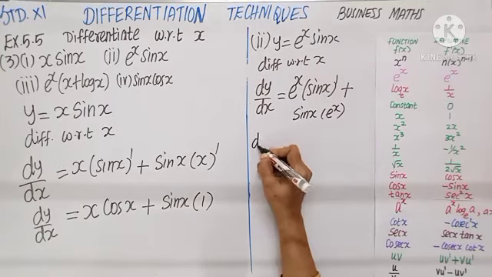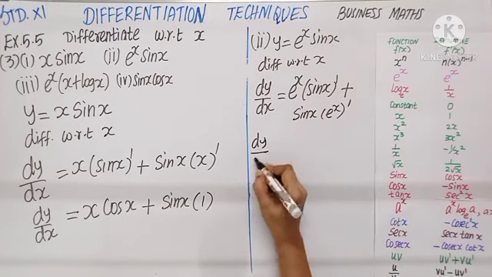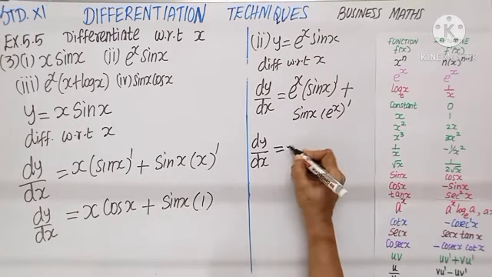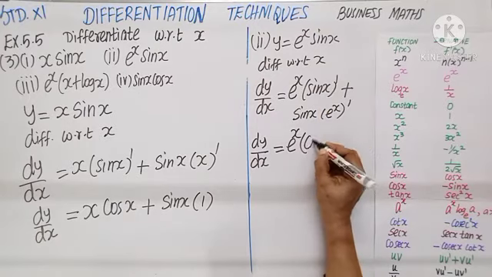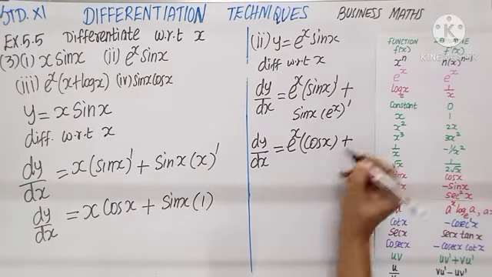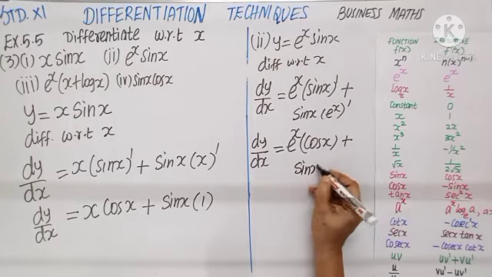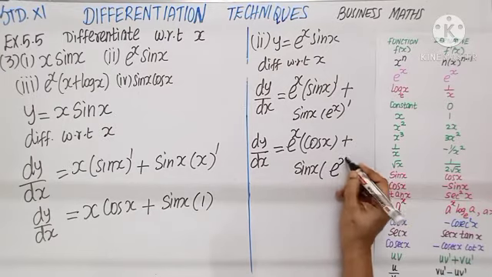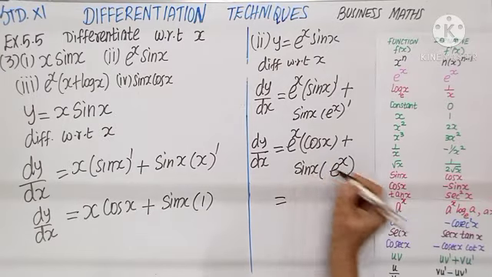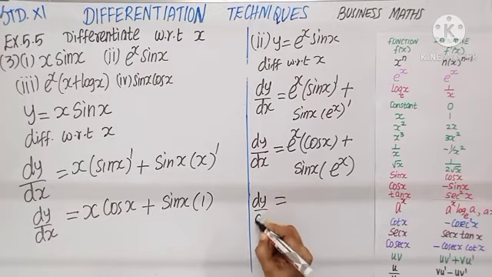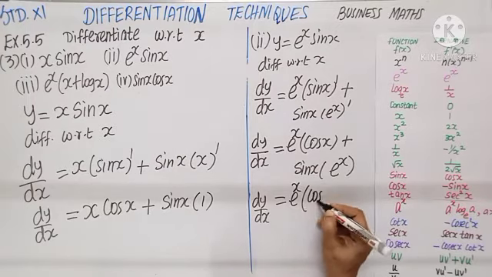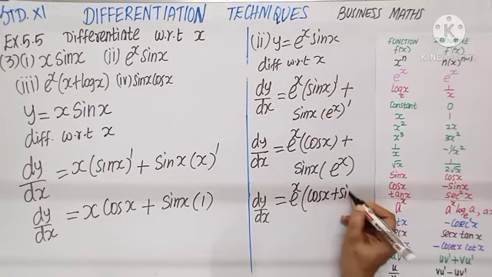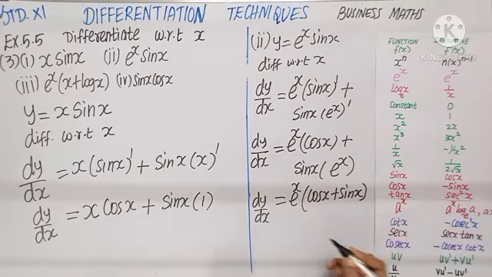The next step, dy by dx equals e power x into sin x derivative cos x, plus sin x into e power x derivative e power x. In both the terms, e power x is common. So take e power x out. It is cos x plus sin x, and that is the answer.